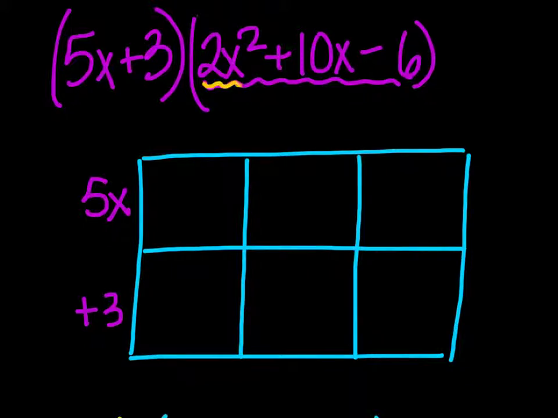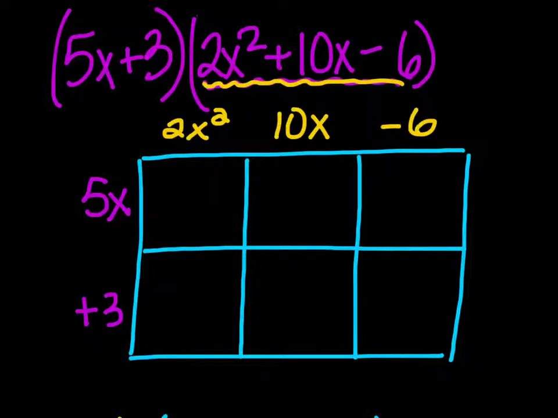I'm going to take this second equation and create essentially a rectangle out of it. I put a -6 because this is -6. I can rewrite this as plus a negative, so this 6 is now a -6. I also did the same thing with the smaller equation and put that down on the vertical aspect of this rectangle. And then from there we can actually do the math work.